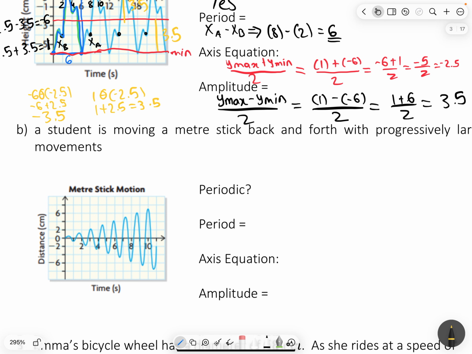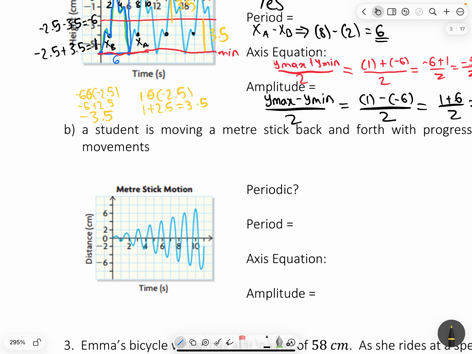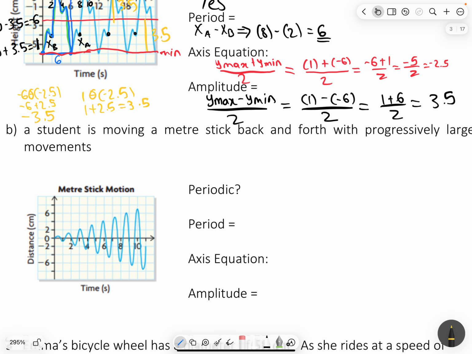Now we can see another scenario here. A student is moving a meter stick back and forth with progressively larger movements. Is this periodic? We can highlight the first graph here.